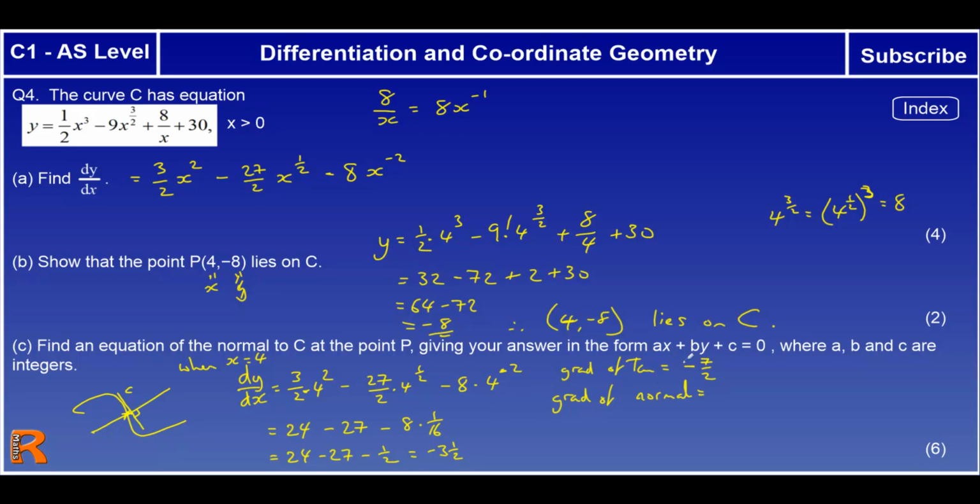Just happens to be lucky it was actually negative. It's going this way, so the normal is going to be a positive gradient, so that changes to a plus. And the steepness of the gradient changes by turning the fraction upside down to 2/7. So our general equation y equals mx plus c, where m is the gradient, is y equals 2/7 x plus a constant.